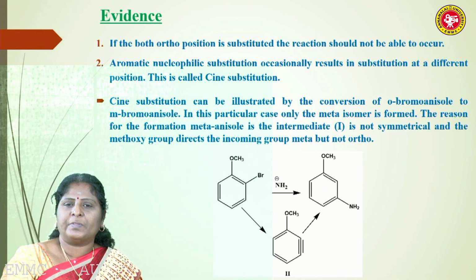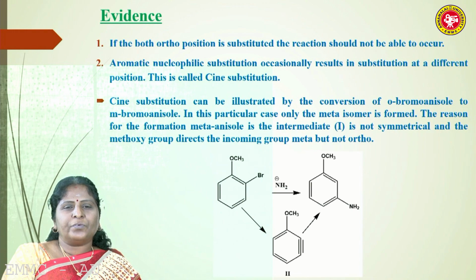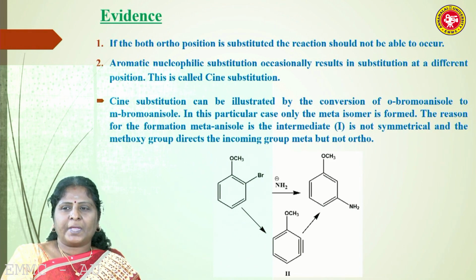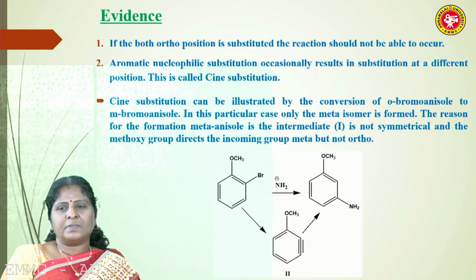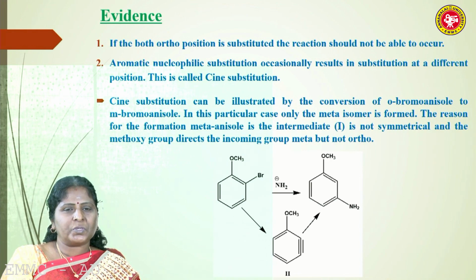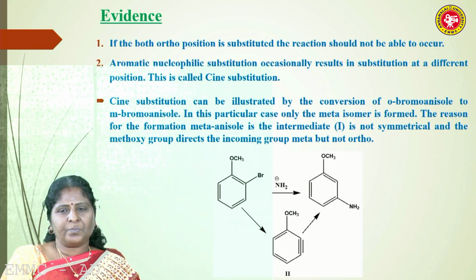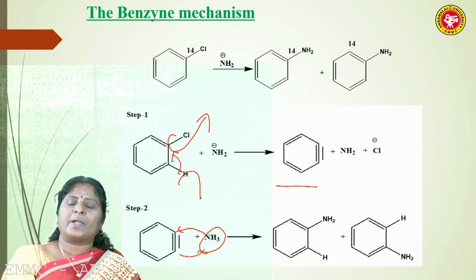Only if the intermediate is a benzyne intermediate can we get two different products, as we have seen in the case of chloro-substituted compounds. If both the ortho positions are substituted, the reaction should not be able to occur. Another evidence for this is that aromatic nucleophilic substitution occasionally results in substitution at a different position. That means in the previous case, two different products are obtained.